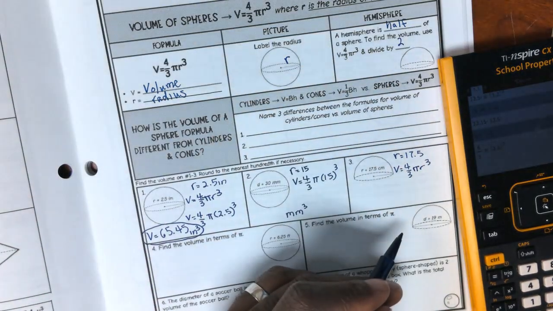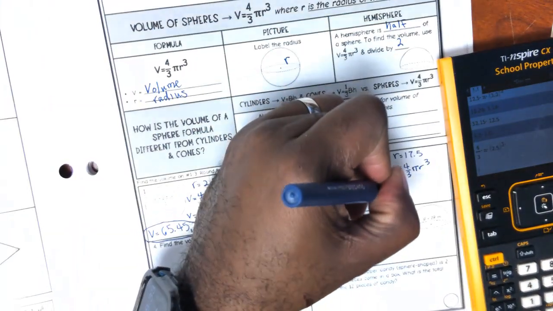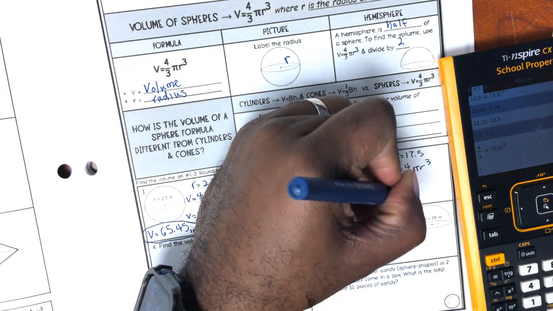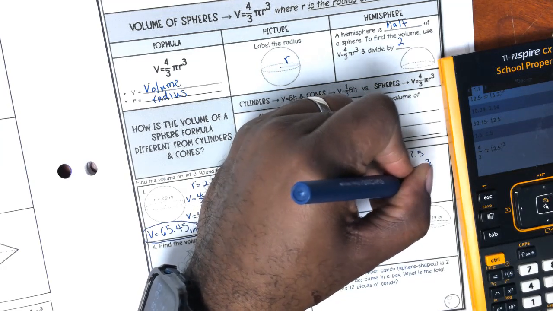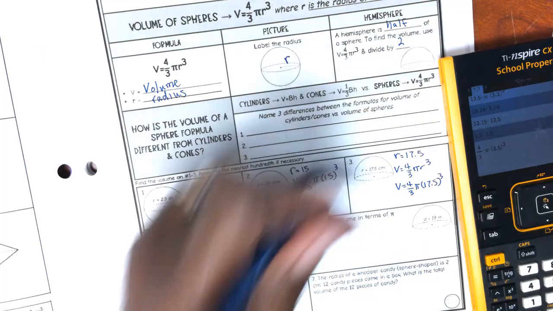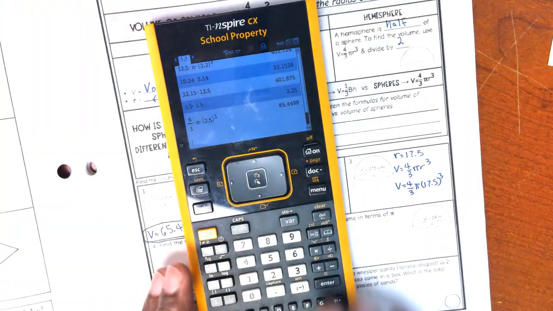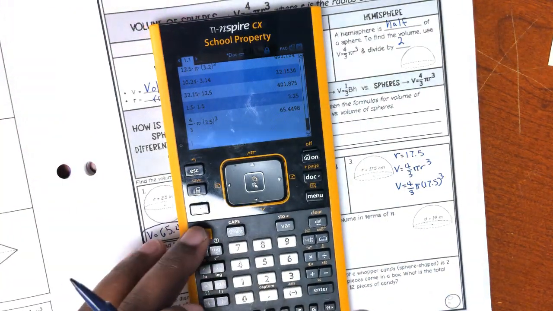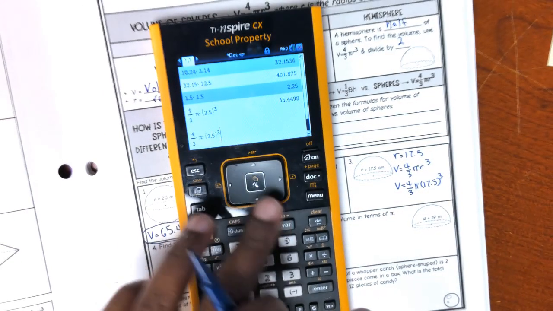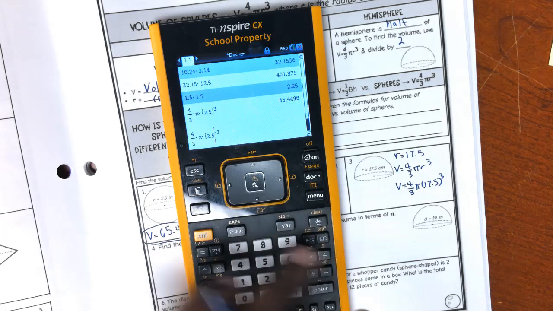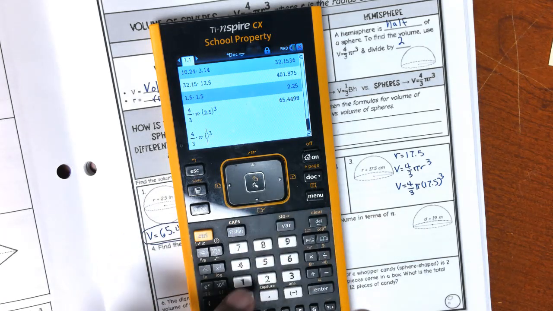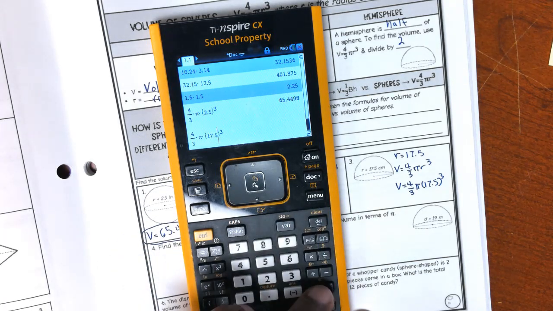We replace R with 17.5, so V equals 4 over 3 times pi times 17.5 cubed. And we're going to enter that in our calculator, so we have room. I'm going to use a little bit of a cheat where I don't have to enter all the numbers in. Replace this with 17.5, push enter.